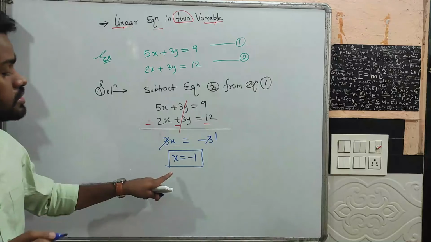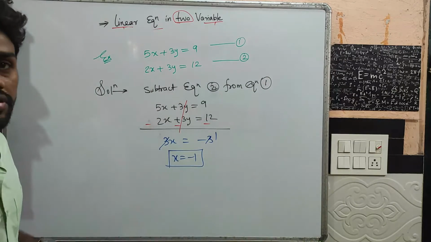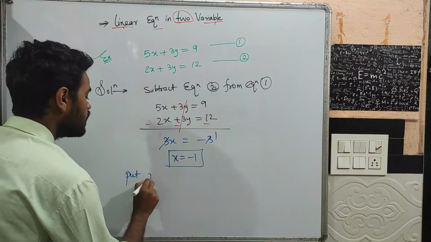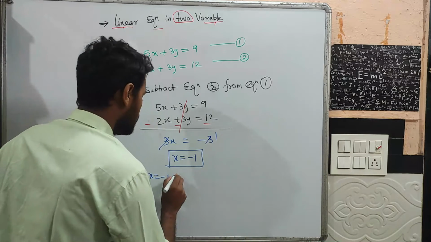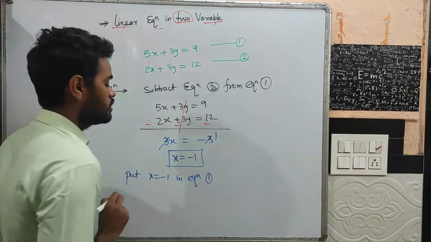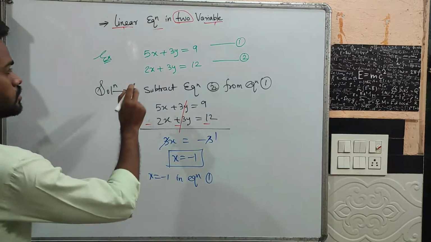Now put x equal to minus 1 in any of the equations, and we'll get the value of y. Let's say we put x equal to minus 1 in the first equation.